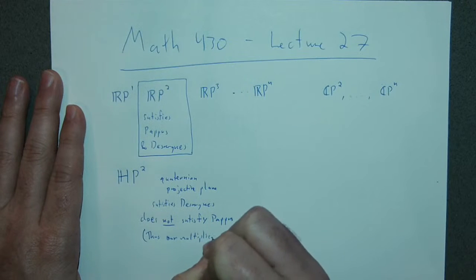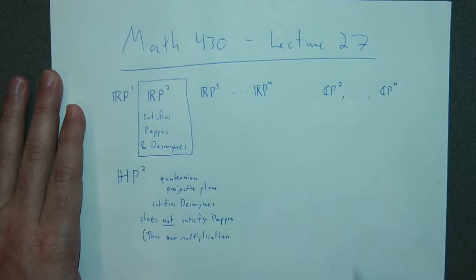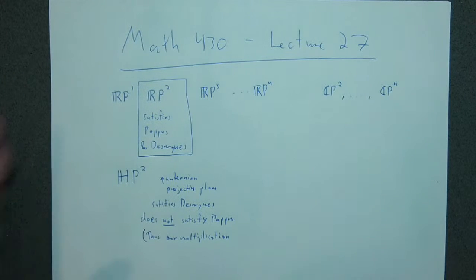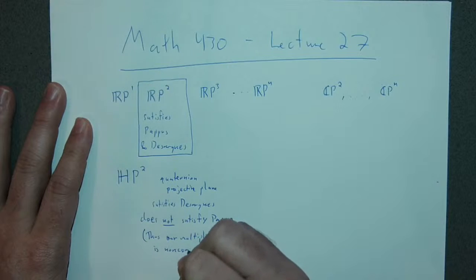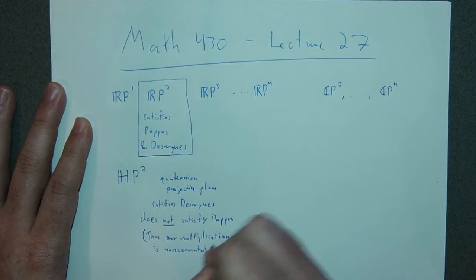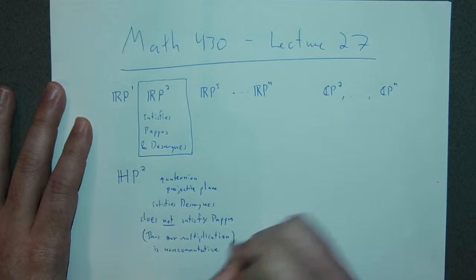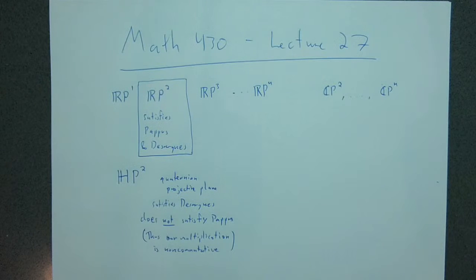multiplication, this construction that we had, is necessarily non-commutative in RP2. And so our program of coming up with coordinates is flawed in this way. The construction of multiplication we have would not be commutative because of this fact. But this satisfies Desargues.